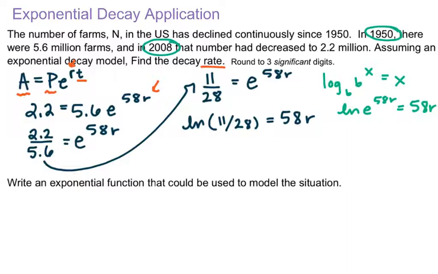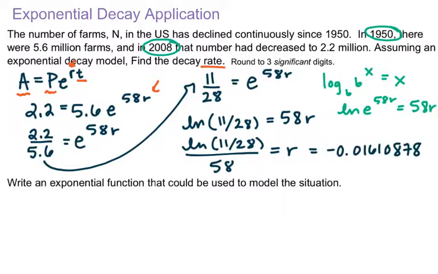So now all I have left is to divide by that 58. So the natural log of 11 over 28 divided by 58 will equal my decay rate, R.